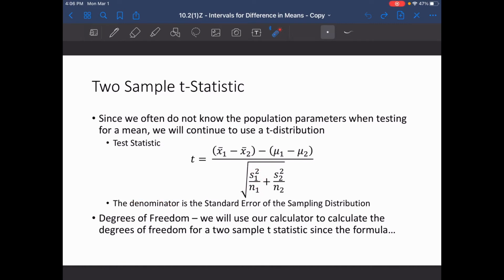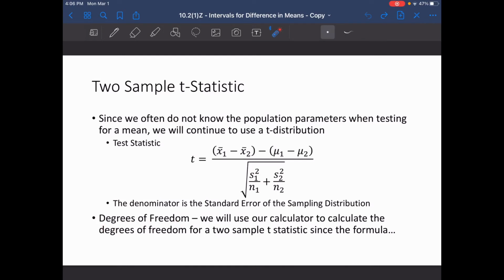And again, the denominator is the standard error of the sampling distribution, not the population distribution, because we don't know the population standard deviation. And if you are ever asked on any question to determine what the standard error is, then make sure you are just using this formula that's in the denominator.